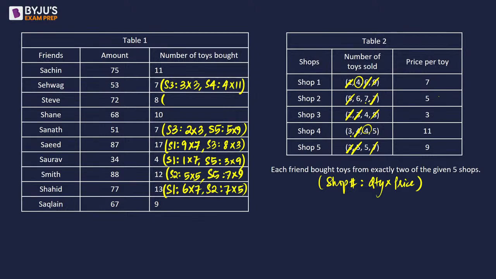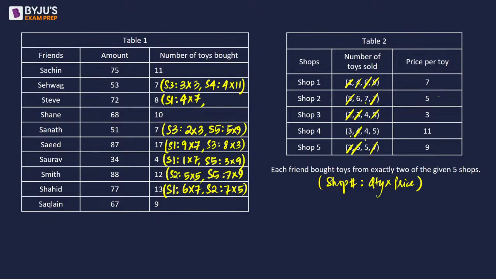Do we have a combination with 8 chahiye na? 5 and 3? This is going to be 33 plus 45. Oh, this will only result in 78 and not 88 as we needed. So 4-4. So for Steve, he goes to shop number 1, buys 4 items worth 7 rupees each.